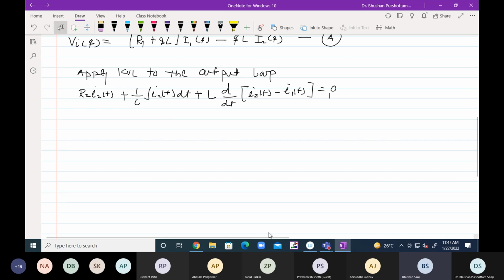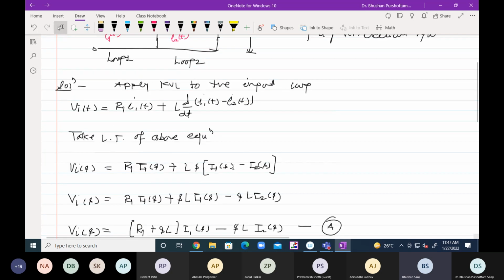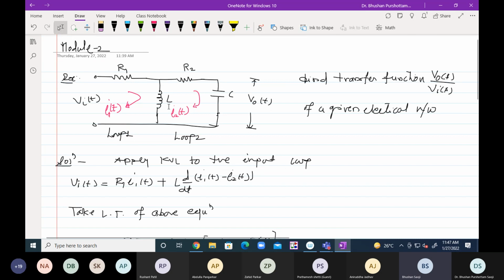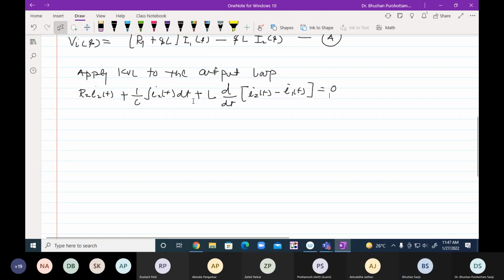It is equal to 0 because no EMF is connected in loop number 2, the output loop, so the algebraic sum becomes 0.